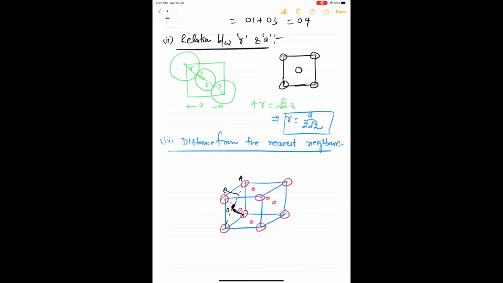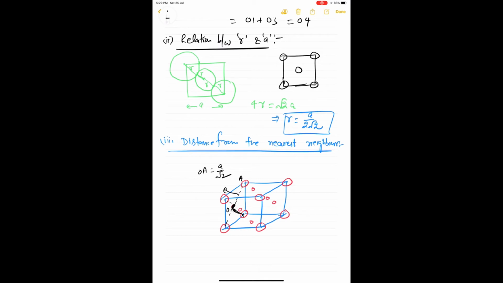So OA is actually nothing but a by root 2, and there is no other atom which is closer to this particular atom which is marked as O, and situated at a distance which is less than a by 2. All right, so the nearest neighbors distance turns out to be a by root 2.